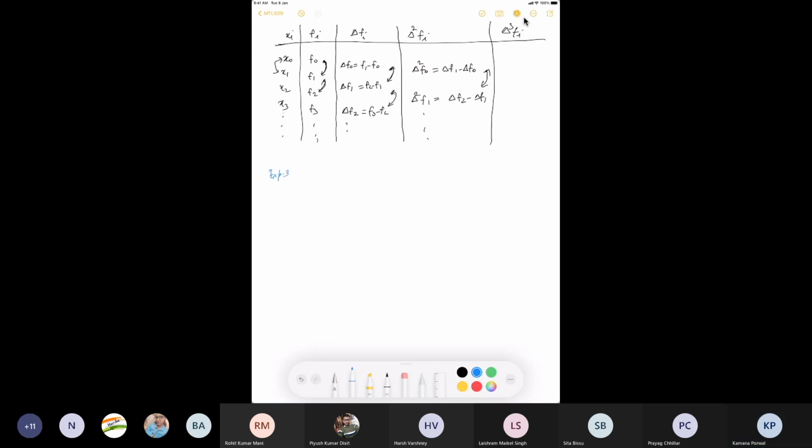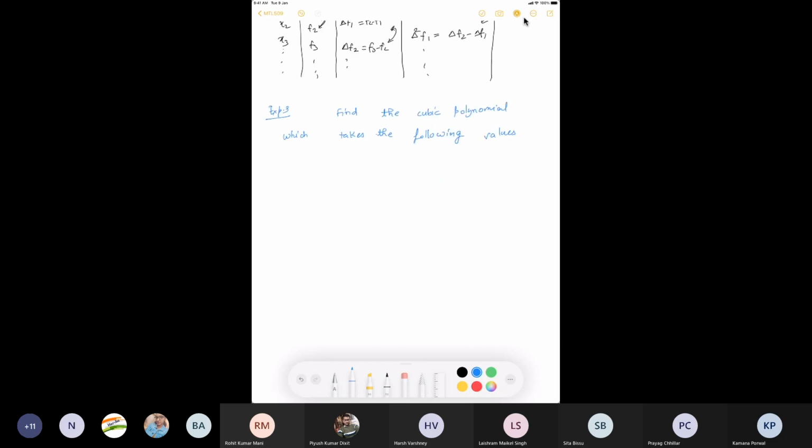The function takes the following values. y at 1 is given to be 24. y at 3 is given to be 120. y at 5 is given to be 336.